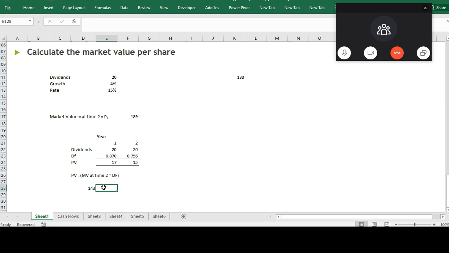But then this 143, guys, to find the market value now, will be how much? Will be this. This plus the sum of this. You have 175. That will be the market value for this share.